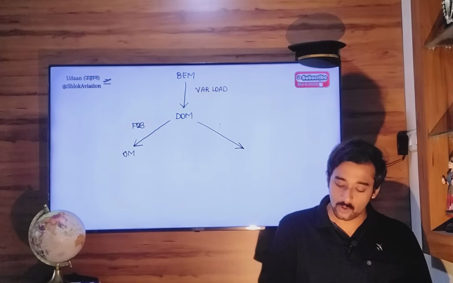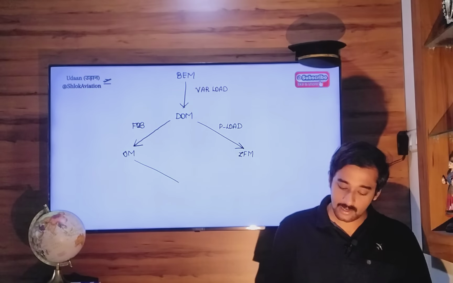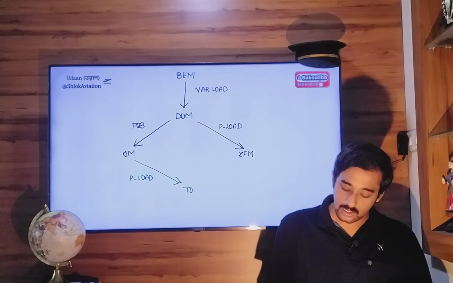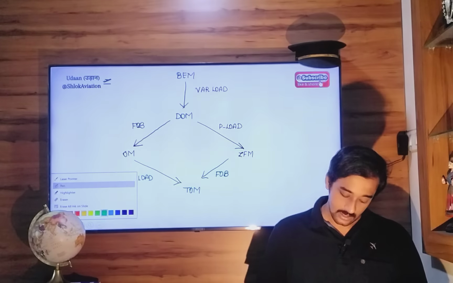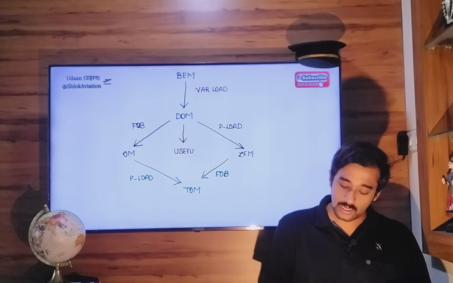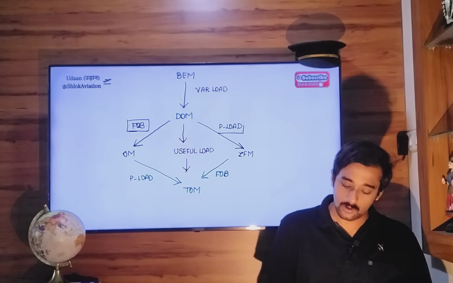DOM plus payload will be equal to your zero fuel mass. After that, operating mass plus payload will be equal to your takeoff mass. Zero fuel mass plus fuel on board will also be equal to your takeoff mass. DOM plus useful load also equals takeoff mass. What is useful load? It is fuel on board plus payload.